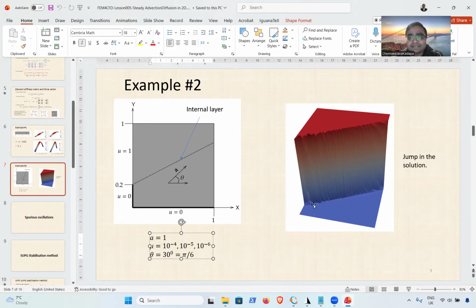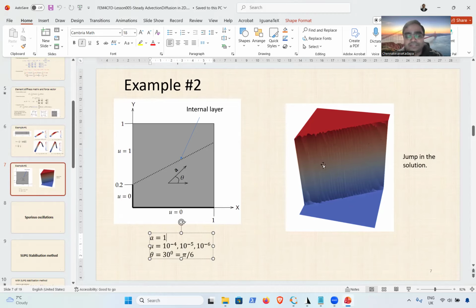There is a discontinuity here, and because of the advection, this develops into a clear discontinuity, and depending upon the direction, the discontinuity shifts in the domain. Depending upon the angle, it moves towards this edge, but we still see the discontinuity, and that is the jump in the solution. So this is a very difficult problem to solve.